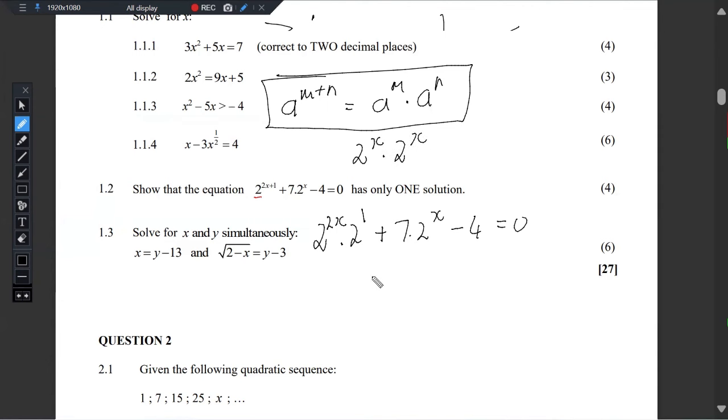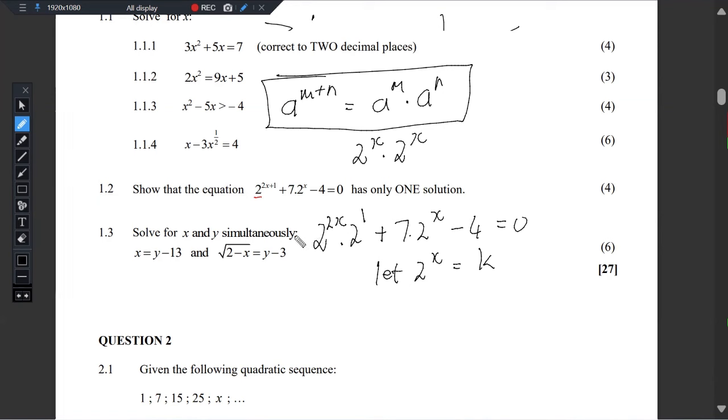So now I can say let 2 to the exponent of x be k. So we're going to represent 2 to the exponent of x as k, mainly because we don't want to work with these exponents because they're a bit confusing. So we are trying to make this a quadratic equation that is clear to everyone to see.